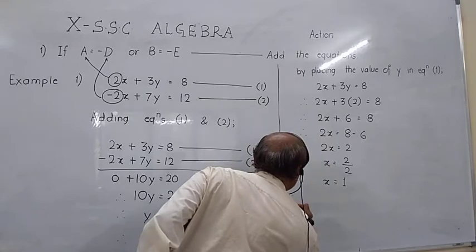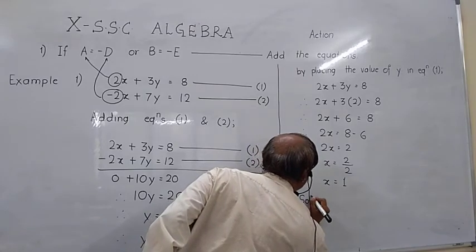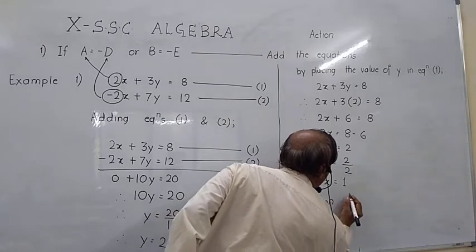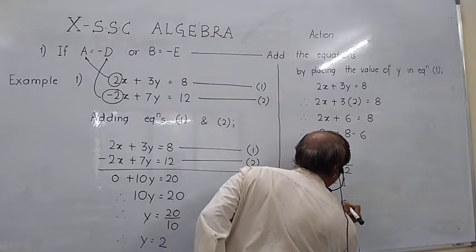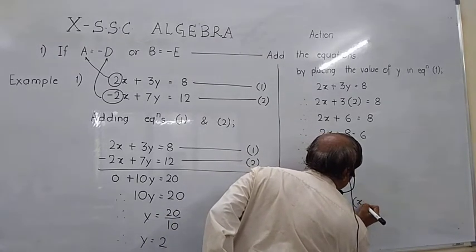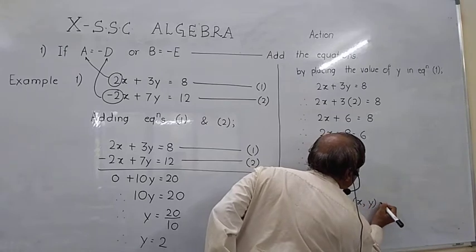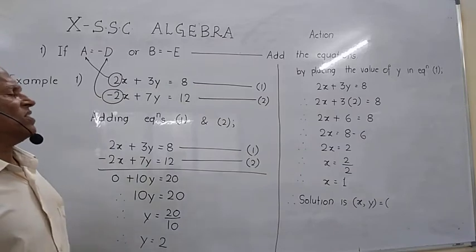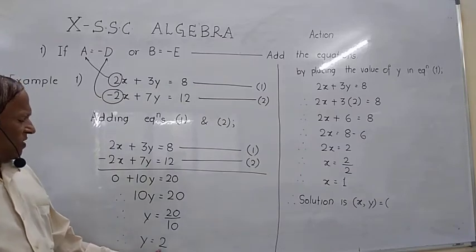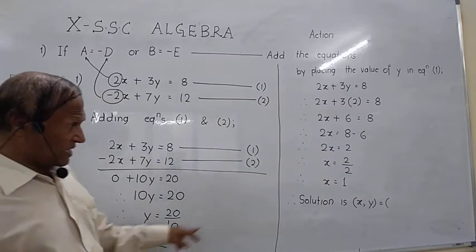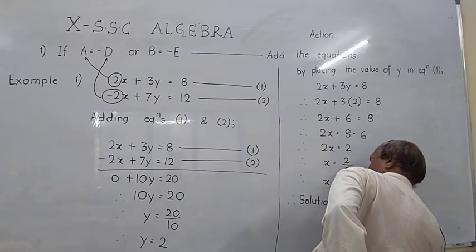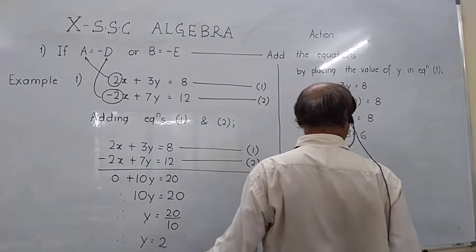Therefore, solution is x comma y, that is equal to, value of x you have to write first. Don't write the value of y first. You must write the value of x first. 1 comma, then put the value of y.